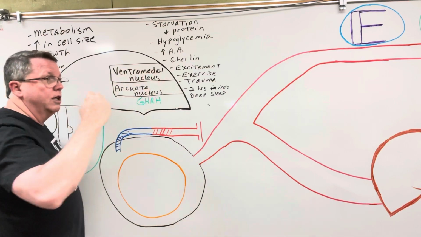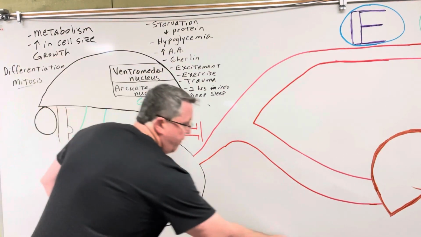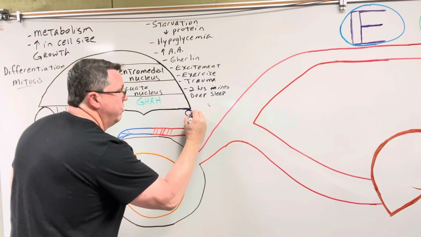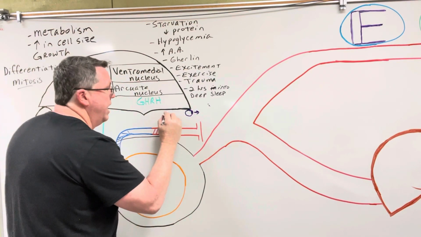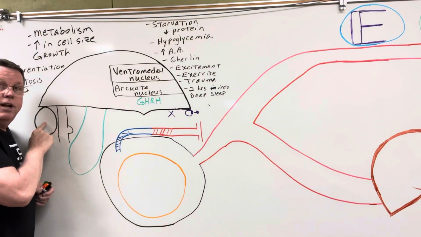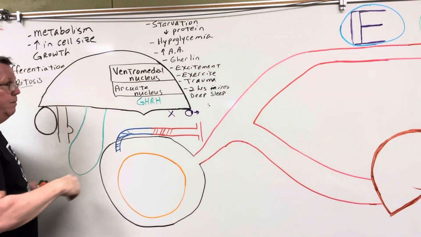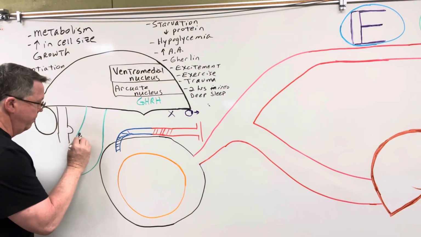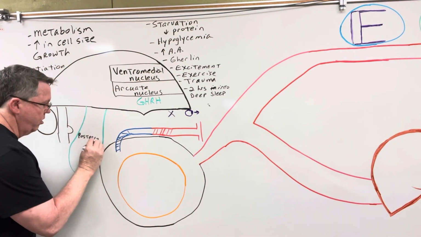This is the brain looking at it from the side. If I draw an eye, it'd be looking that way. My optic chiasm would be right there. Back here I have the cerebellum, and this is the brainstem. This is my posterior, and this is the posterior pituitary.